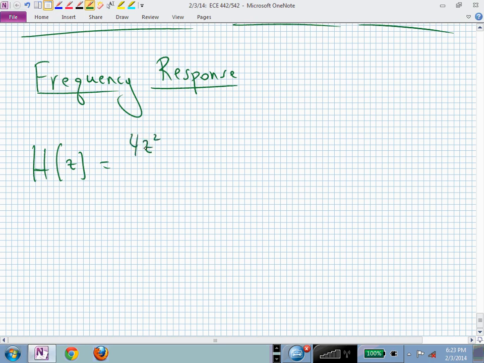Suppose it is now 4 times z squared minus 2z over z minus 1/4 factor times z minus 3/4 factor. And we can actually rewrite that numerator by factoring out a 4z.